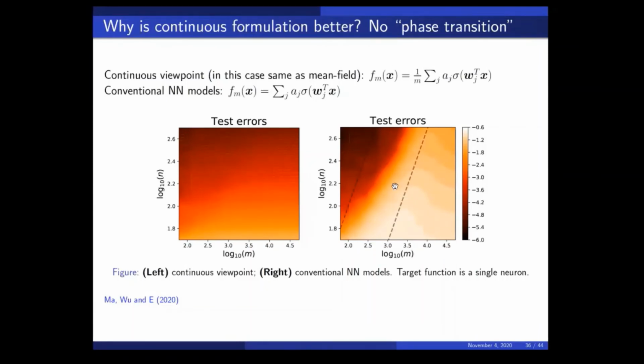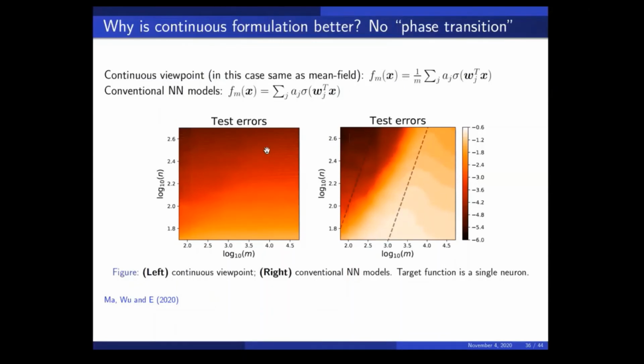You can see on this heat map there's a phase transition between a good phase and a bad phase. If you pick m in this phase, you get big error. You have to pick the value of m so that you're in the good phase. And this is just two-layer neural networks. If you have multi-layer neural networks, the phase diagram would be more complicated, and the task of choosing the right parameter would be even harder.